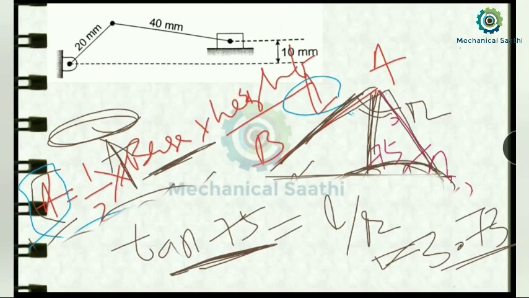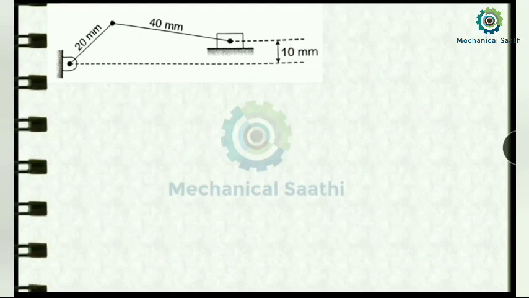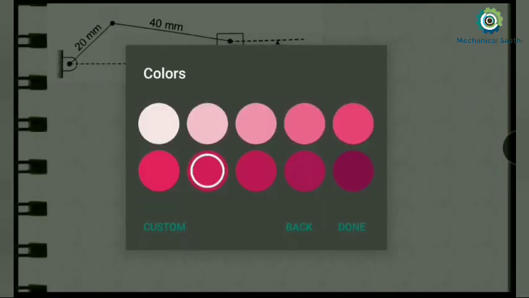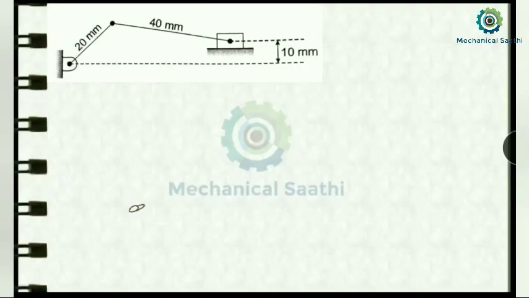Now if I draw, we can find the extreme positions over here. Let me draw the extreme position for the right end. Let this be the fixed point. Let me draw the first extreme position, the right end extreme position.